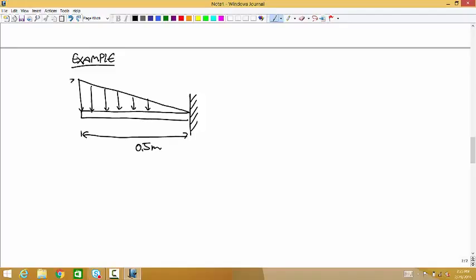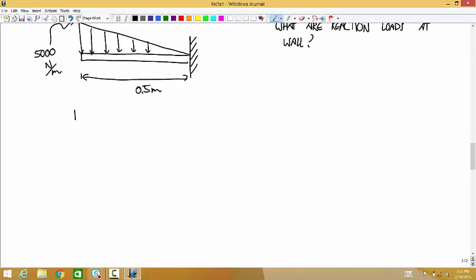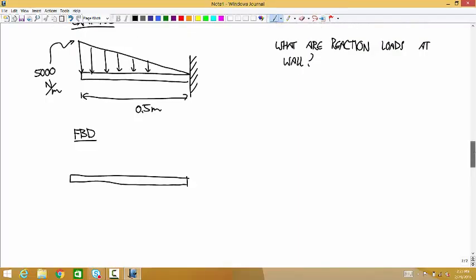And this is 5,000 newtons per meter. What are the reaction loads at the wall? So free body diagram of the beam. I guess on this one, let's neglect the weight.